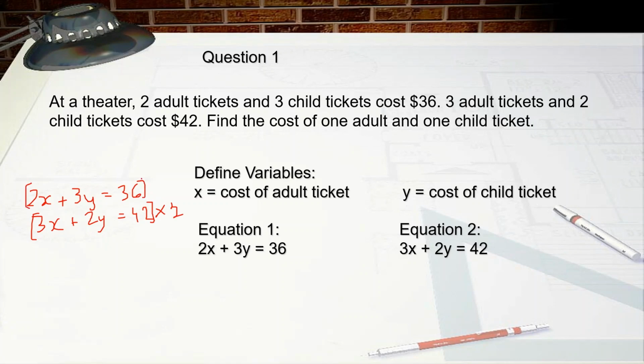So we basically have to multiply these two equations by each other. So 2x times 3 is 6x. 3y times 3 is 9y. And 36 times 3 is 108. For the next one, 3x times 2 is 6x, 2y times 2 is 4y, and 42 times 2 is 84.